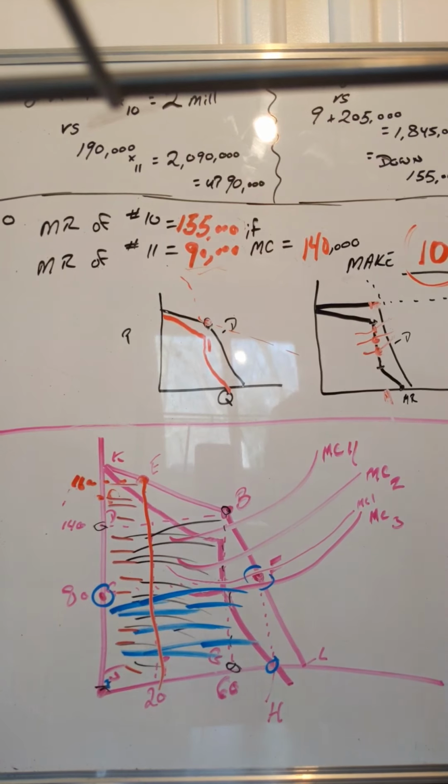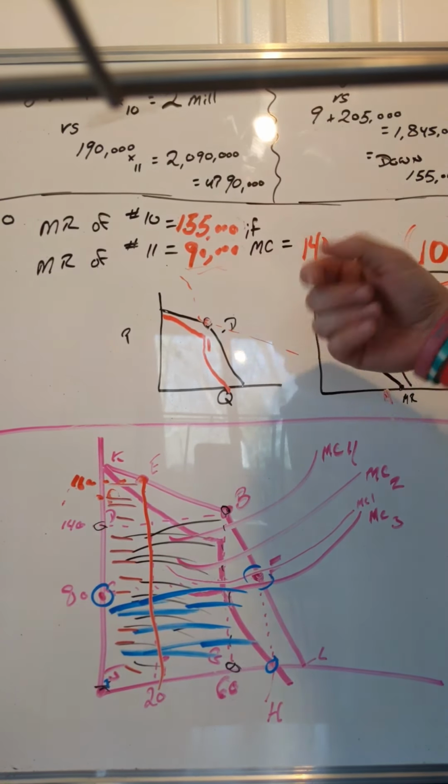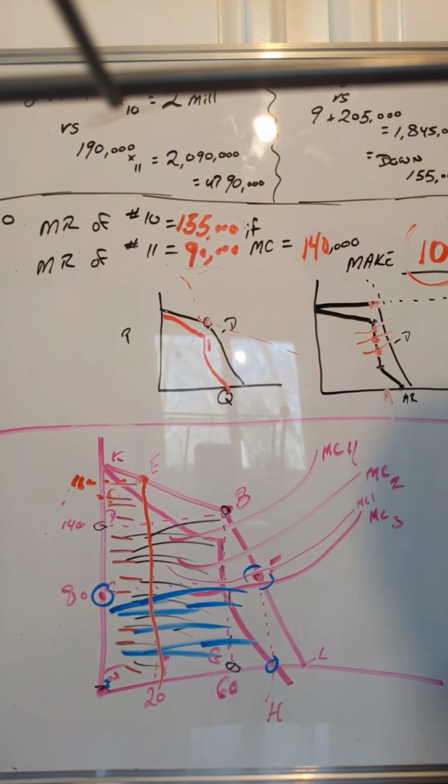So the whole idea, and then I'll wrap this one up, is that if you've reached a point of tacit collusion, they will not follow you up in a price increase, they will follow you down in a price decrease. The more vertical the gap, or the longer the gap in the marginal revenue curve, the more possibility that an increase or decrease in your marginal cost still brings you to the same magic spot where marginal cost hits marginal revenue.